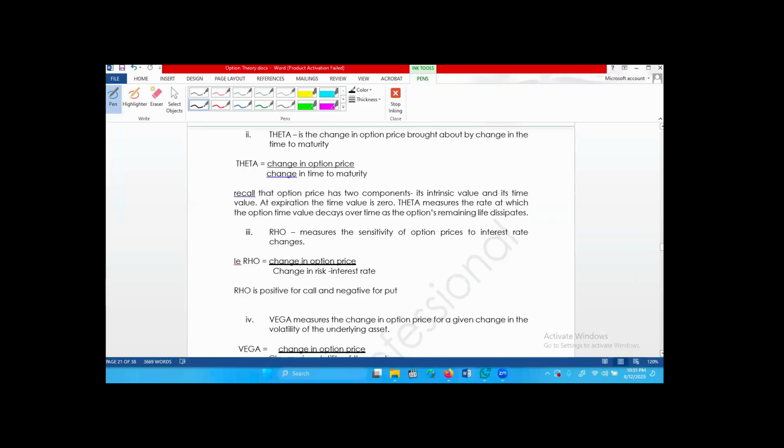Number 4 or 3, we have rho. This measures the sensitivity of option price to a change in risk-free rates.